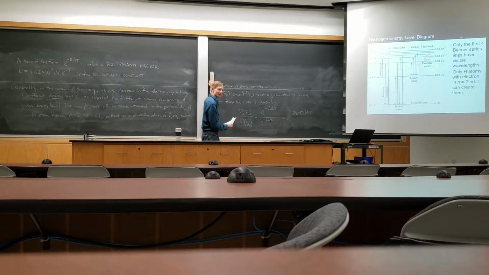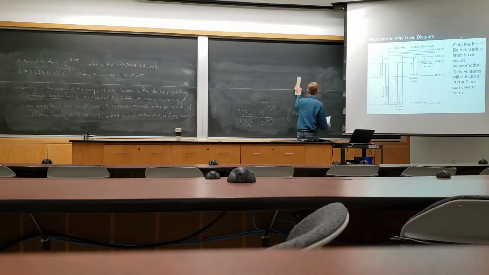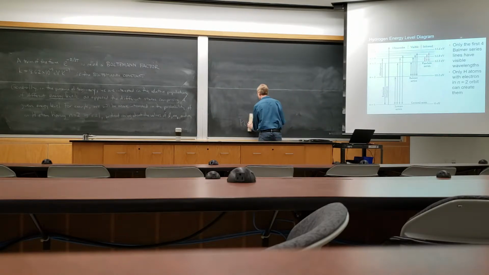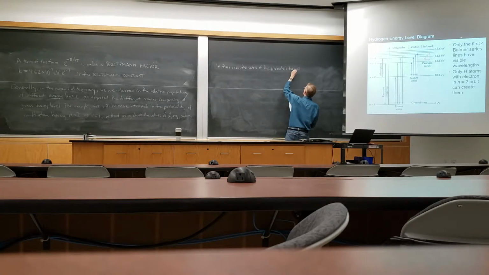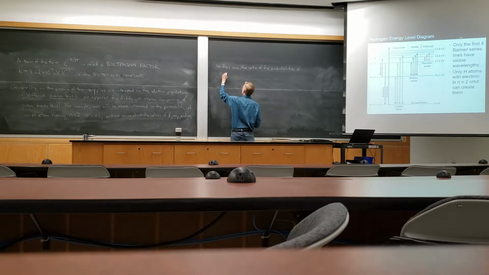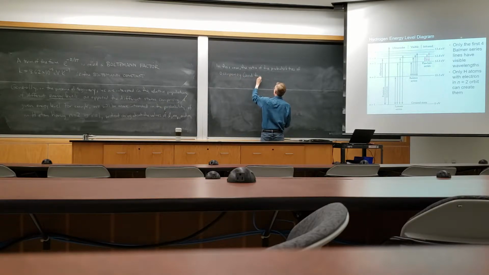So now we're going to write the Boltzmann equation. In this case, the ratio of the probabilities of occupancy, and thus also of the number of atoms in each level.